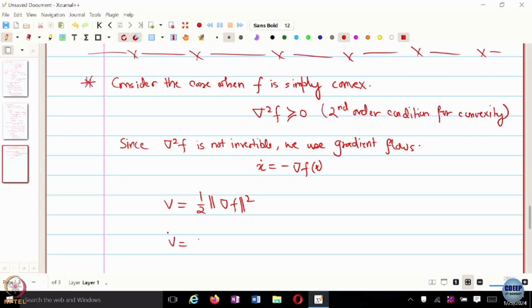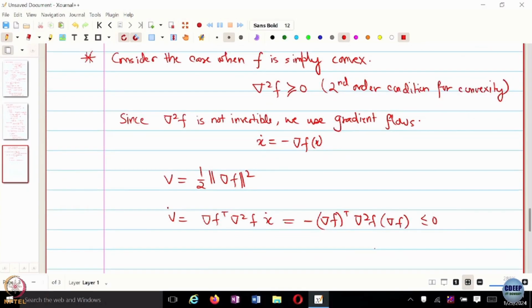So v dot turns out to be gradient of f transpose Hessian x dot, and if x dot I write in terms of gradient of f, this is negative gradient of f transpose Hessian times gradient of f, and this thing is less than or equal to 0, right, because the Hessian of f is positive semi-definite.